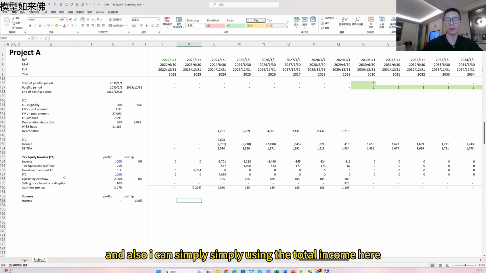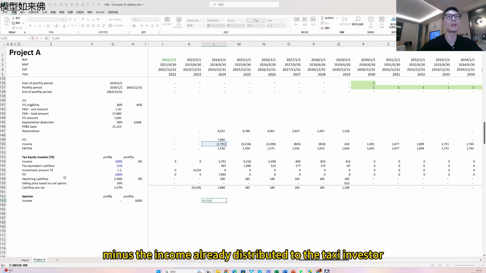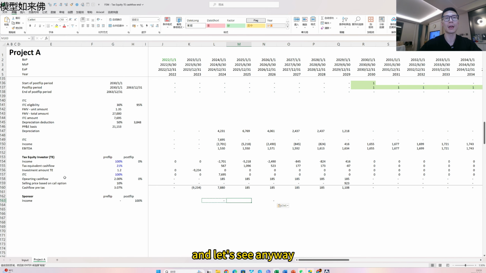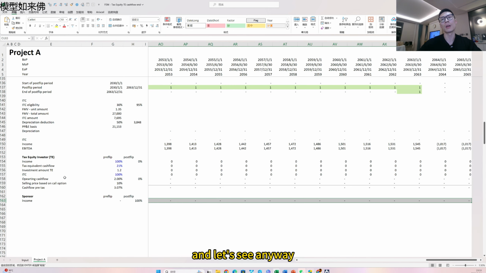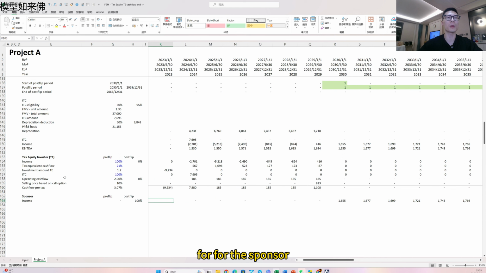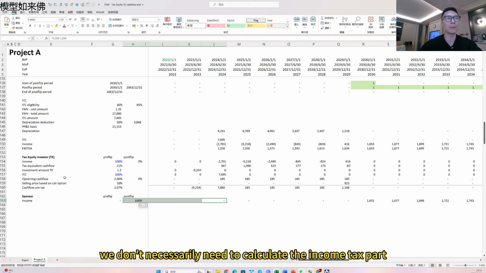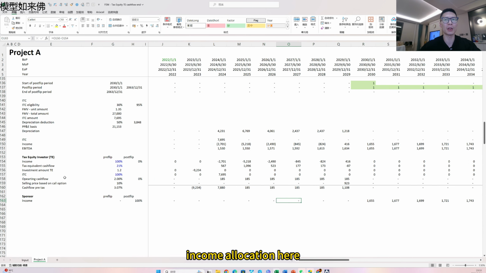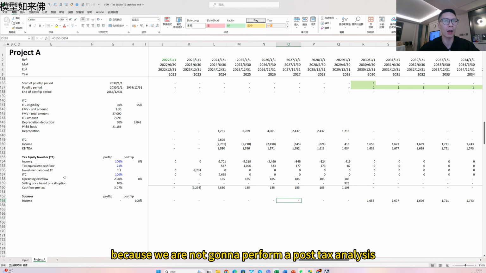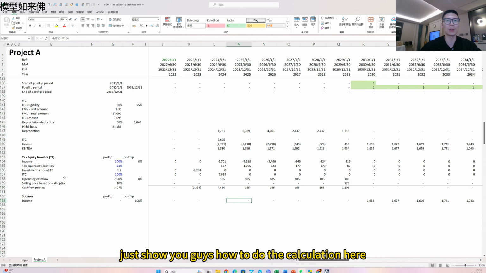And also I can simply use the total income here minus the income already distributed to the tax equity investor. Anyway, for the sponsor, we don't necessarily need to calculate the income tax allocation here, because we are not going to perform a post-tax analysis. Just show you guys how to do the calculation here.